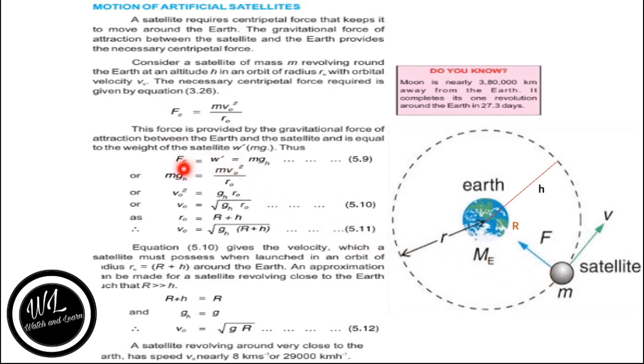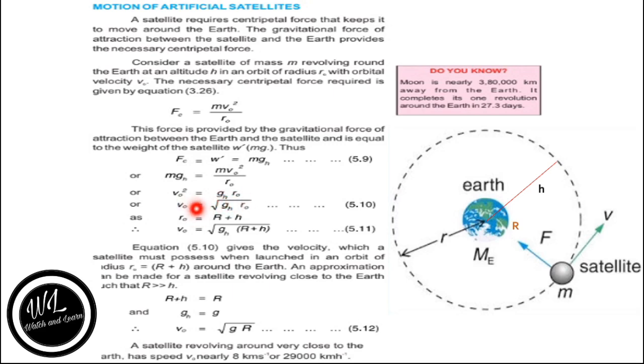By equating these two equations, we can write m g h equals m v naught squared over r naught. Cancelling m from both sides, we get g h equals v naught squared over r naught. Arranging this equation, v naught squared equals g h times r naught.